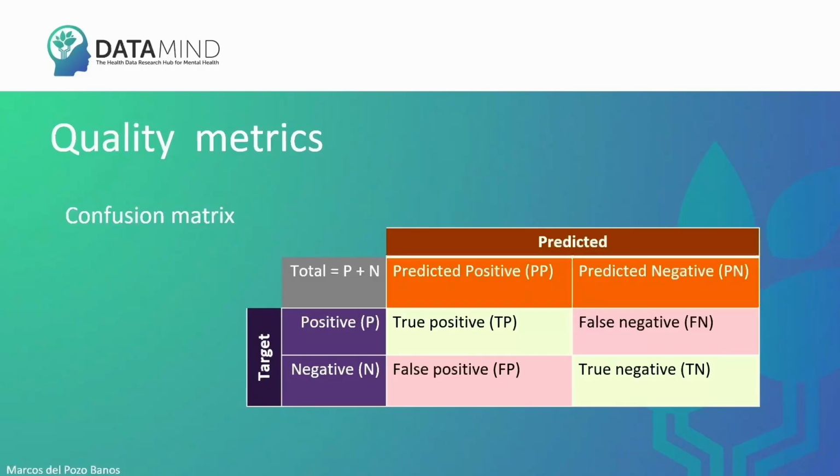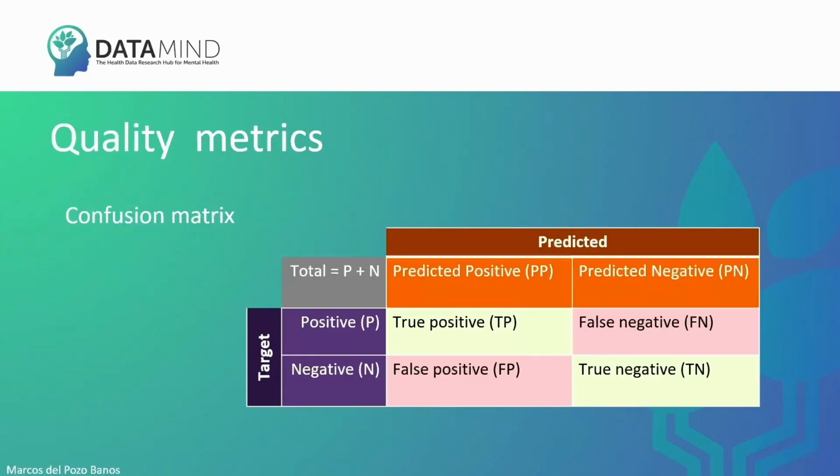Let me highlight here that these positive and negative names that I'm using are typical for machine learning. It's not related to the positivity or negativity of the outcome. In fact, in this context of predicting, for example, whether a patient is suffering from depression or not, it's going to be the other way around in terms of positivity and negativity.